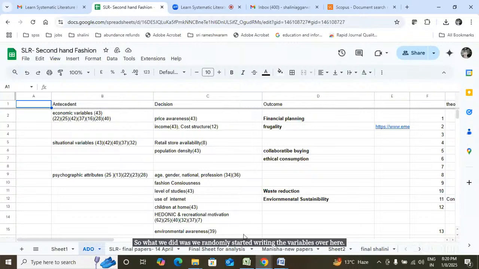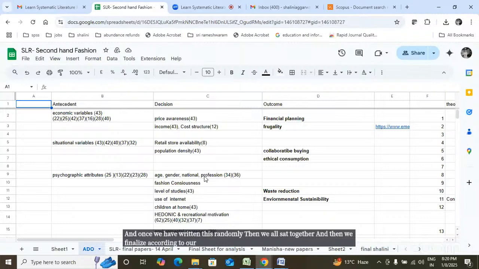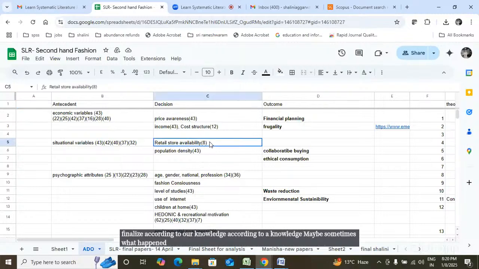Once we had written these randomly, we all sat together and finalized according to our knowledge. Sometimes we might have written something as an outcome, but we put it into the decision.